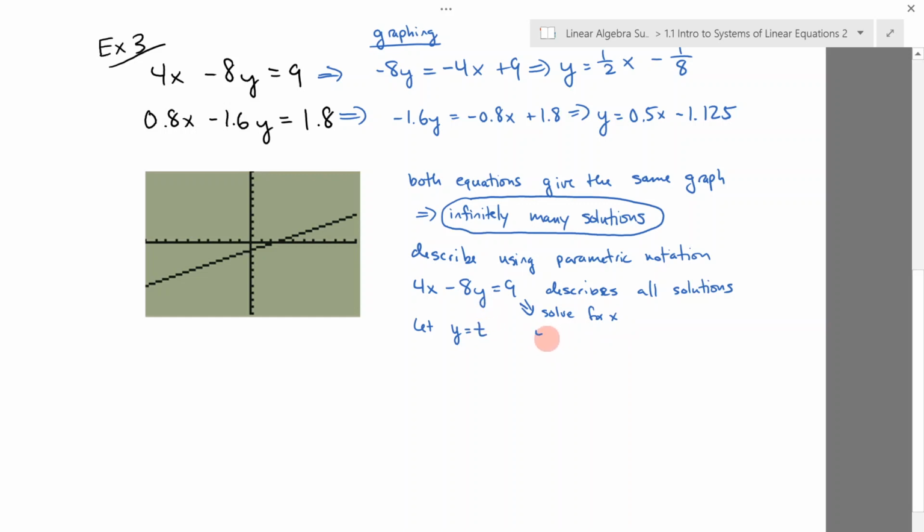So you get 4x minus 8t equals 9. I solve for x, so 4x equals 9 plus 8t, and then I divide by 4. So x is equal to 9/4 plus 8/4 t. 8/4 is just 2, so x equals 9/4 plus 2t.